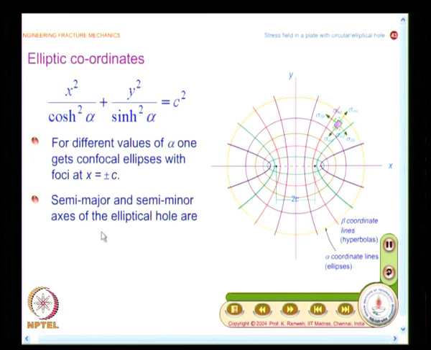So, what you have is semi major and semi minor axis of the elliptical hole are given as A equal to c cosh alpha naught and B equal to c sinh alpha naught. So, this provides you a comprehensive overview on certain aspects of theory of elasticity.